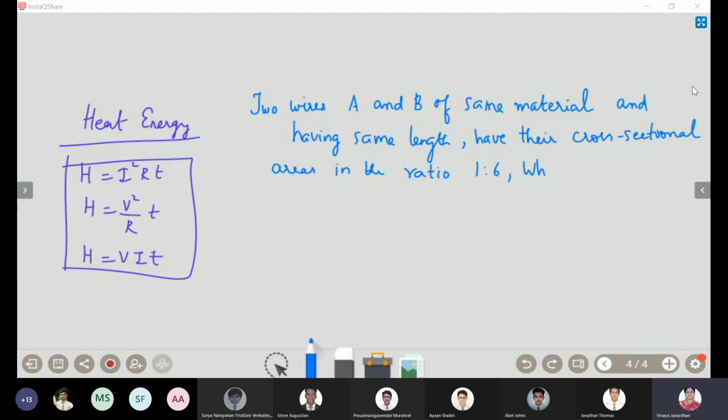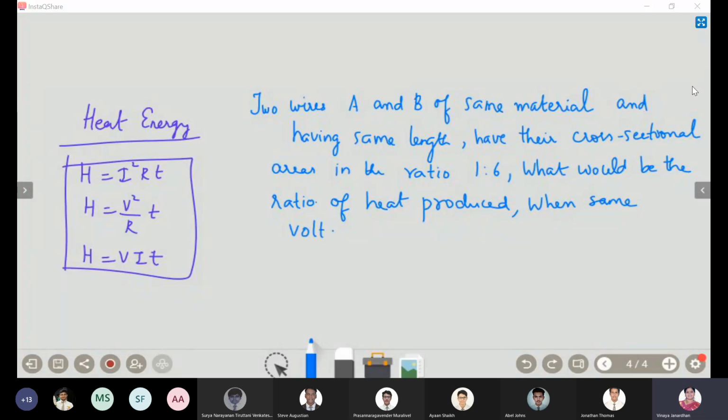What would be the ratio of heat produced when the same voltage is applied across them?